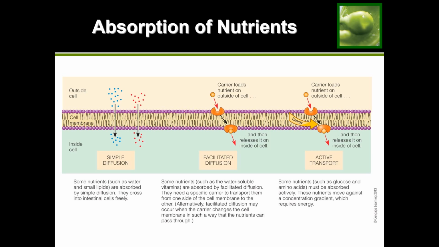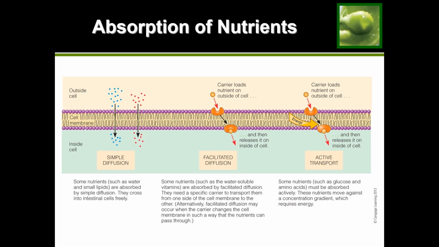Now going on to the nutrients that might be a little bit bigger or more complex, they're actually going to need a helper, a carrier, to help move them through the membrane and then spit them out inside of the cell. Now, since they need a helper, we're going to call this facilitated diffusion. The word facilitate means to help, so we're using a helper or a carrier to help move us along, so we're going to call it facilitated diffusion.